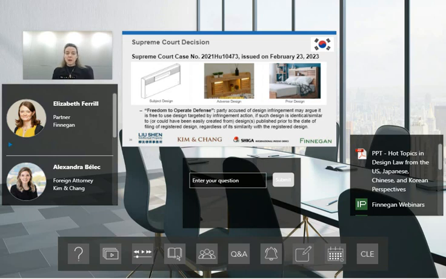So maybe first, I'll just explain what this defense is under the Korean practice, because there could be some differences depending on jurisdiction.